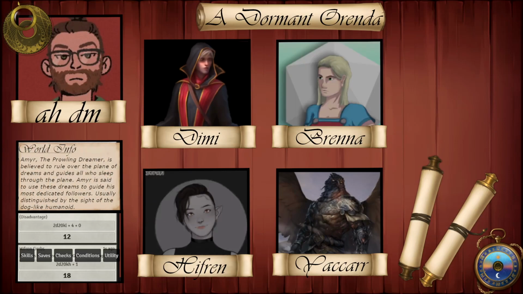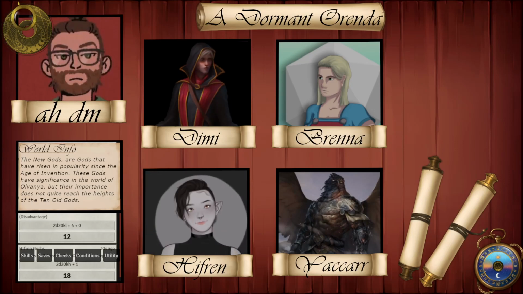You maybe tire yourself out a little bit more than perhaps even Hifrin, despite them being in heavy armor and having difficulty holding themselves afloat. But with the help of Dimmy, you're also able to help Hifrin towards that central platform. And if that is the goal of everyone, I can move everyone over to the central platform if you wish. Yep.